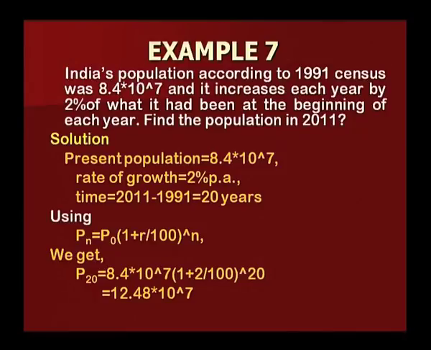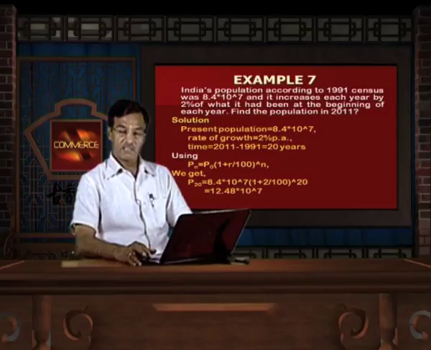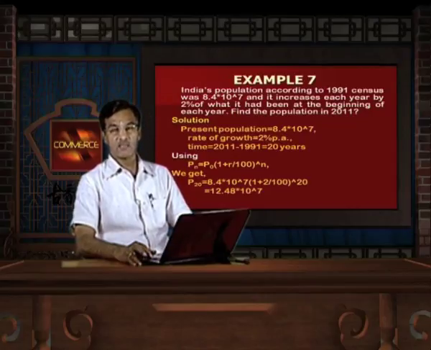Using the formula Pn is equal to P naught 1 plus R upon 100 to the power n, we get P20 is equal to 8.4 into 10 to the power 7 multiplied by 1 plus 2 upon 100 to the power 20, that is equal to 12.148 multiplied by 10 to the power 7. Here we have discussed various types of examples. In the last example, we have calculated the population growth on the given census of India's population.